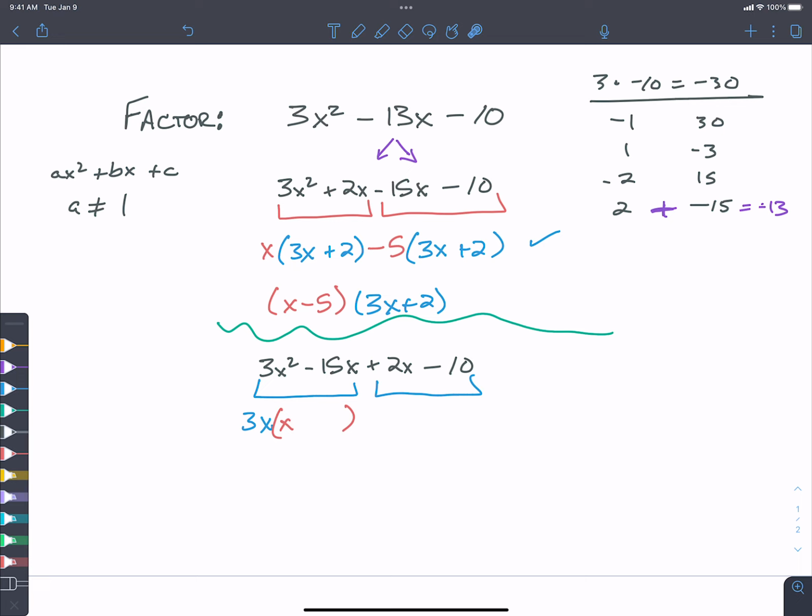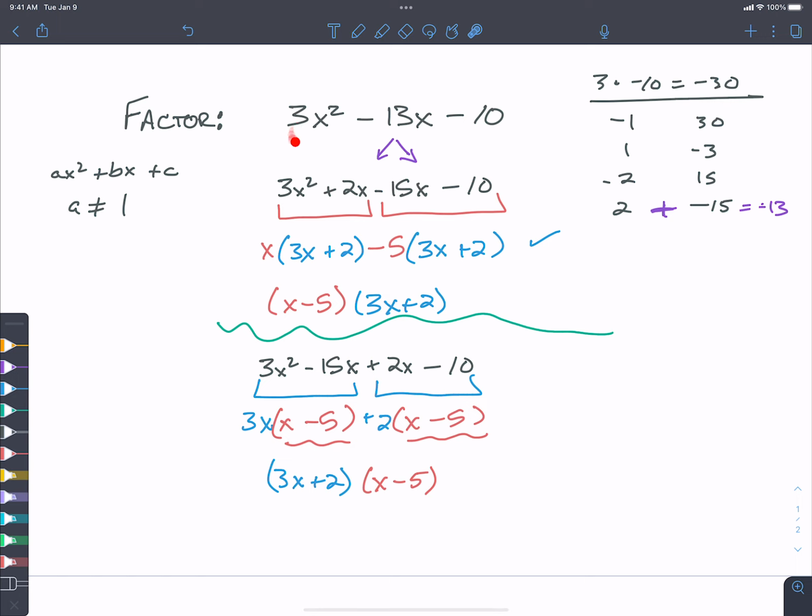That's going to be minus 5. And then over here, I'm going to have plus some number, and it looks like I've got a common factor of 2. So I have plus 2. So what's left on the inside? 2 times what gives me x? 2 times what gives me negative 10? Look at that. My red numbers are the same, so I'm doing the right thing. So I have 3x plus 2, and I have x minus 5. Both of these two things obviously are the same thing.